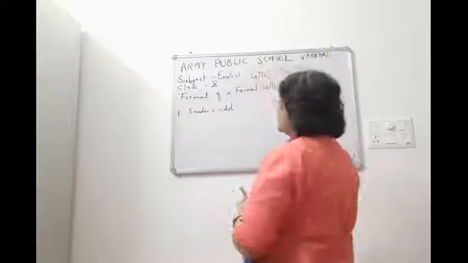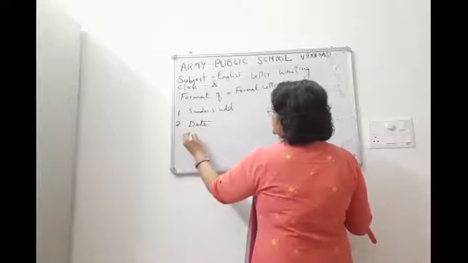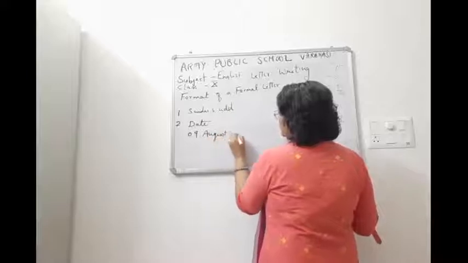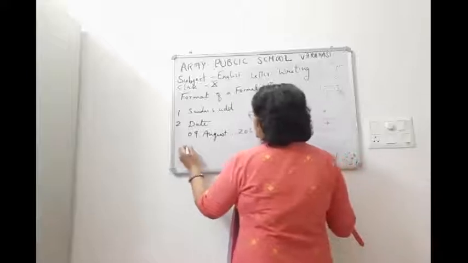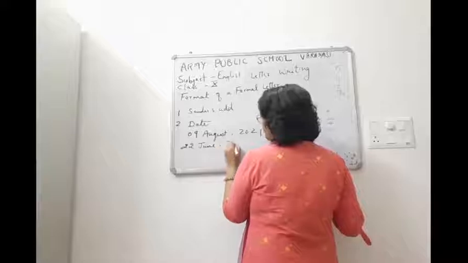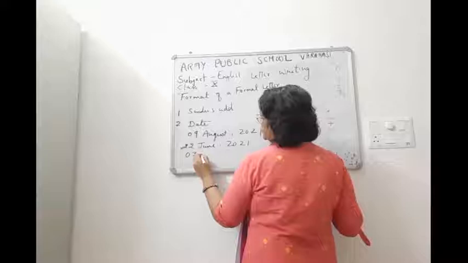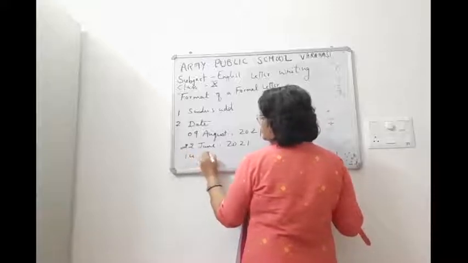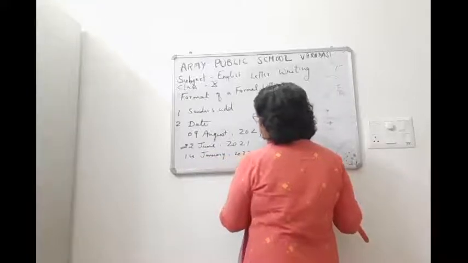So second is date, and how you are going to write the date, like 09 August, small comma, 2021, okay, or 22 June 2021, 03 14 January 2022.